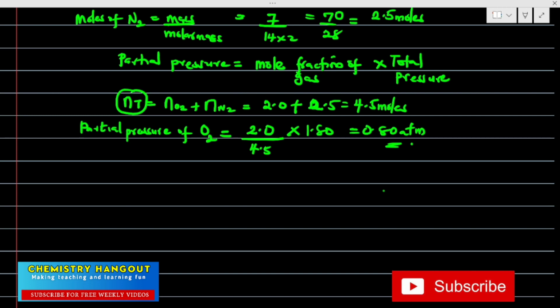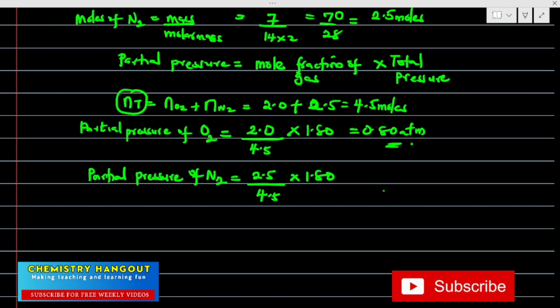Let's say, for example, they ask us to calculate the partial pressure of nitrogen. They didn't ask us in the question. I'm just doing it so that we'll understand better. We want to calculate the partial pressure of nitrogen. That will be the moles of nitrogen from the question we solved, 2.5, over the total mole ratio, that's 4.5, then times the total pressure, 1.80.